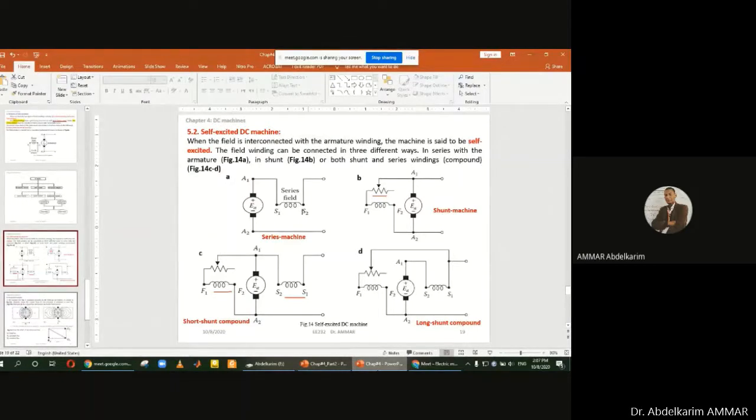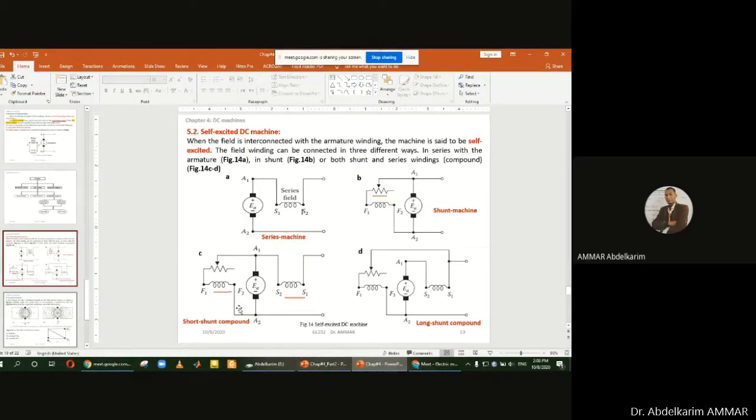You can connect them in series, in shunt, in compound, whatever you want. That is why they have two field windings. If the machine is connected in series, we use the series field winding. If shunt, we use the shunt field winding. If compound, we use both of them.